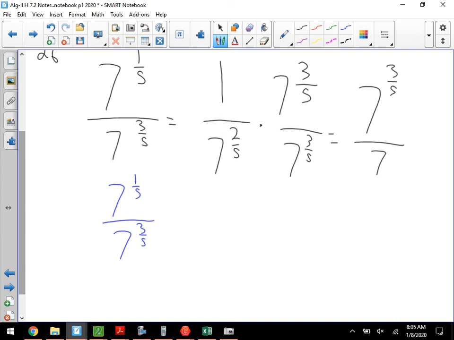Good. How many more fifths do you need to make the whole? 2 of them, okay? So if I multiply top and bottom by 7 to the 2/5, do I automatically have the whole now? Yeah.